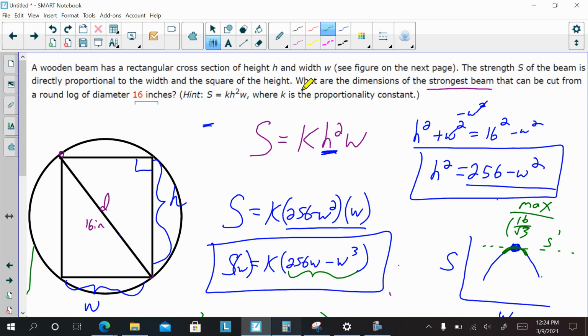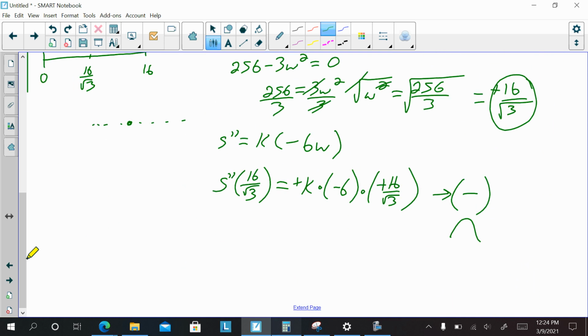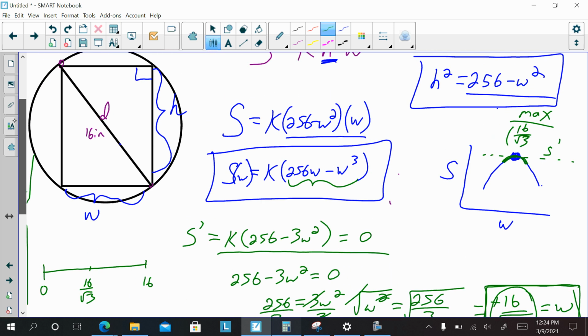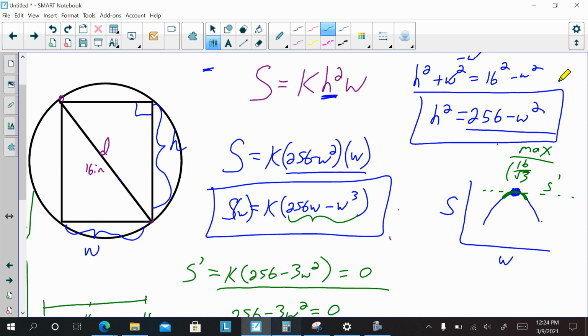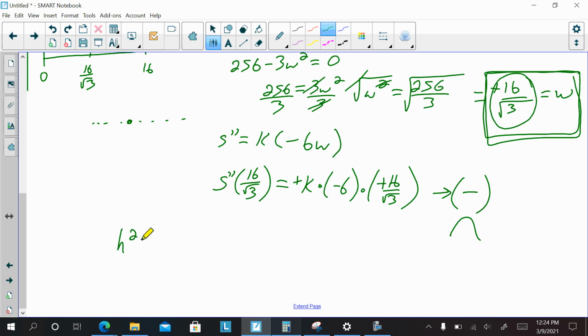They ask, what are the dimensions of our beam? So our maximum width, or the width of our board that has the maximum strength, that's W. And then we can use this equation here to get the height. The height squared is 256 minus W squared.